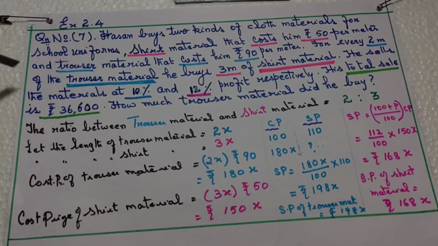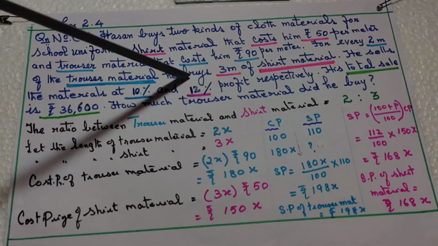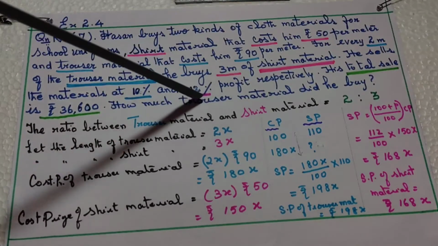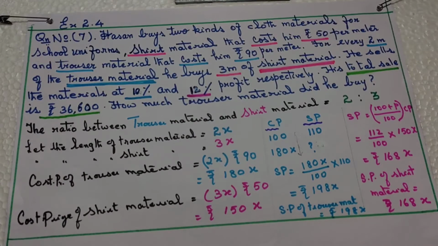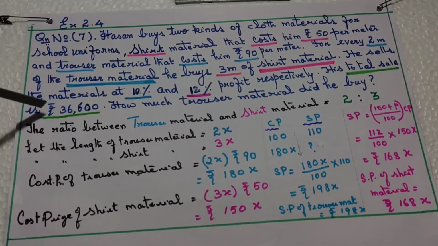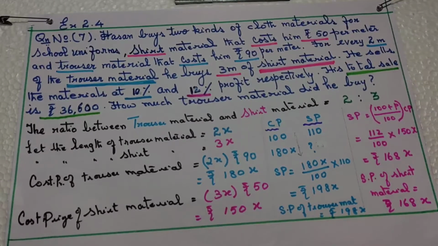For every 2 meter of trouser material, he buys 3 meter of shirt material. He sells the materials at 10% and 12% profit respectively. His total sale is rupees 36,600. How much trouser material did he buy?